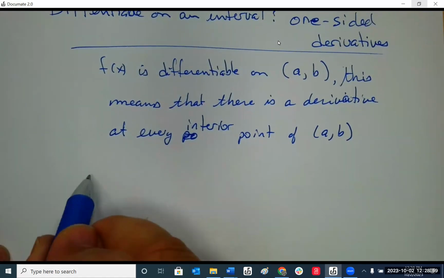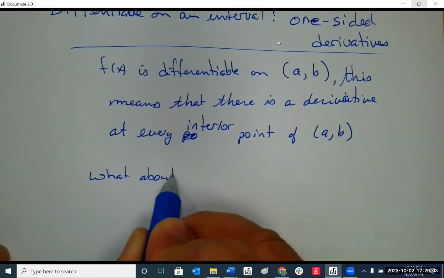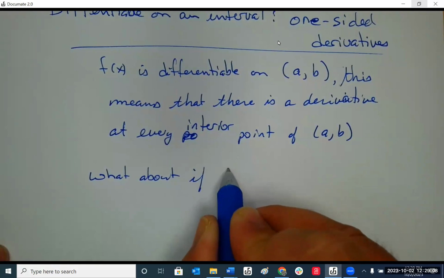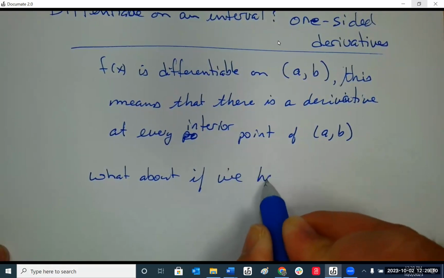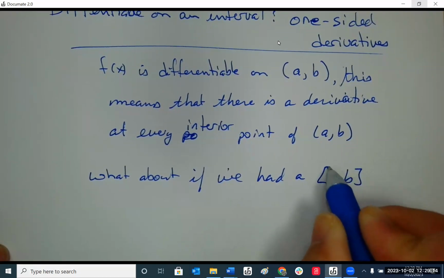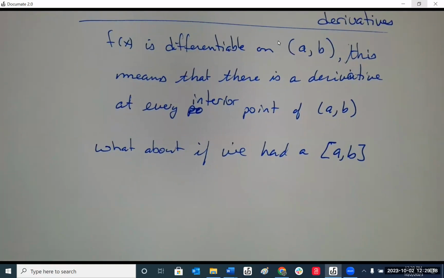But what about if we had a closed interval? How do we do that?